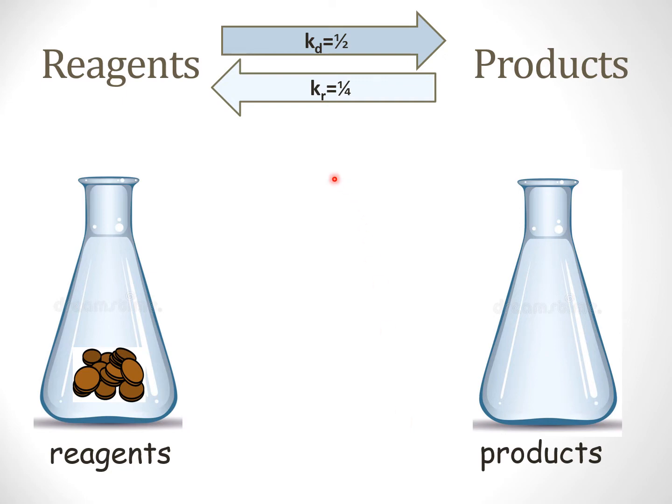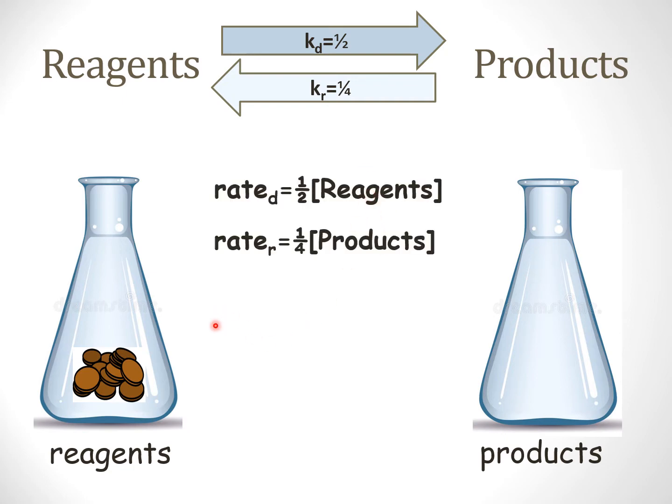So we are considering that the kinetic constant for the direct reaction is going to be 1/2, so 0.5. And the kinetic constant for the reverse reaction is going to be 1/4, so 0.25. To make our life simpler, we are considering that both reactions happen with first order kinetics.